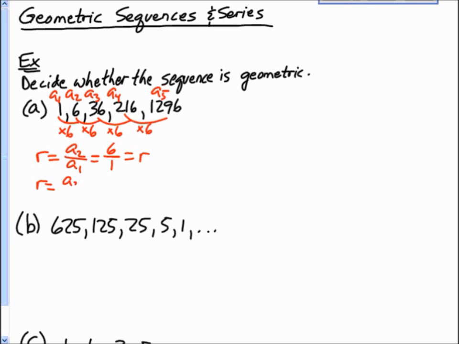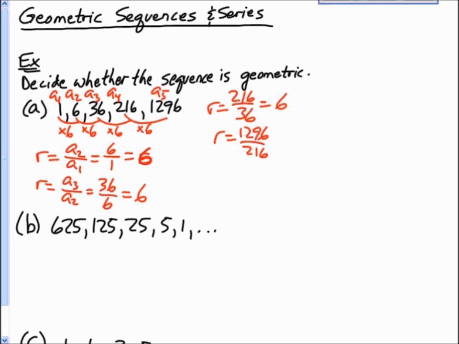So if you take the third term over the second term, 36 over 6, you still get 6. Whoops, that's supposed to be 6 up there. Then you take the 216 over the 36, 6, right? And then you take the 1296, the fifth term, over the fourth term. You get 6.